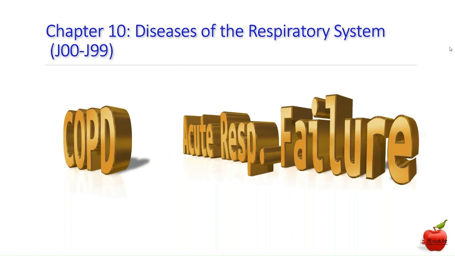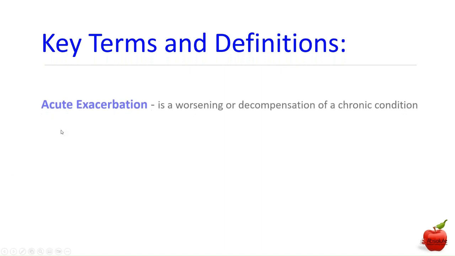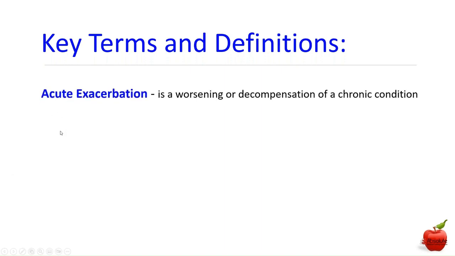And we're going to continue on with diseases of the respiratory system. We're going to go over COPD and acute respiratory failure, and just brush up on a few things. You all know you get the meat of the lecture with your homework, and you come here and we fine tune some things. So I want you to keep in mind these key terms and definitions.